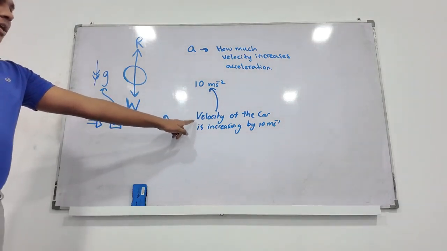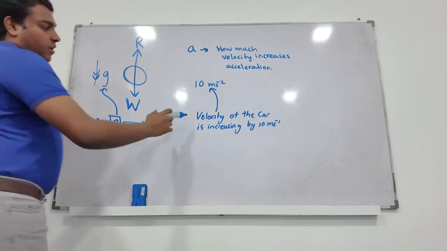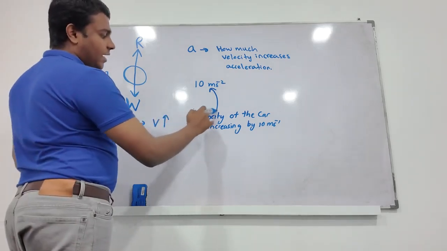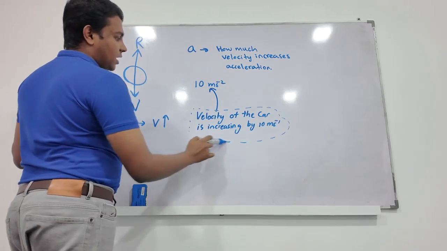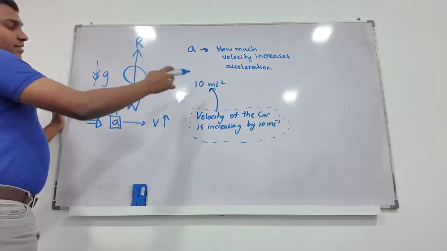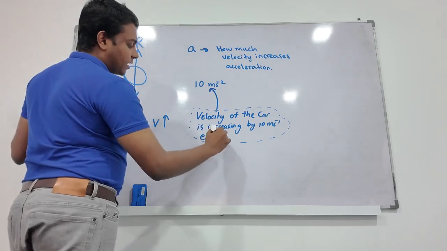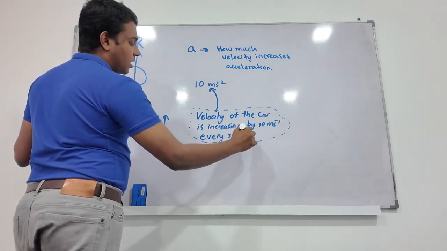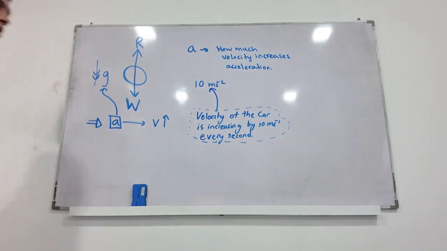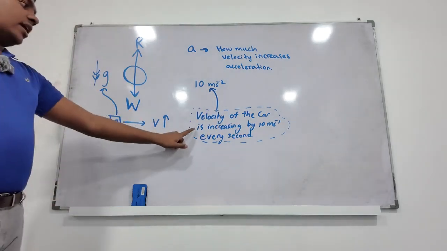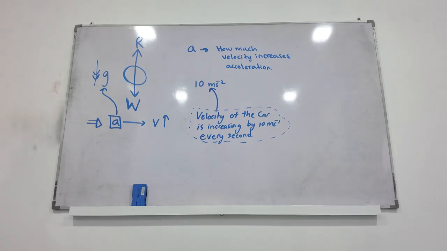Rarely I get this answer. The "every second" term should be there. If I ask 100 students, only 5 or 6 will tell me this definition. This is how you must understand acceleration.